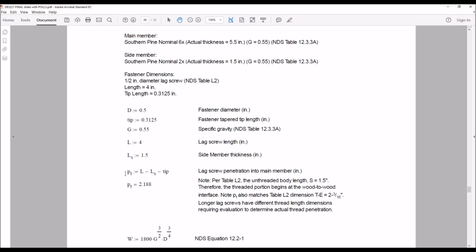It is in NDS 12.1, in the various sections that dictate lag screws, wood screws, and nails. So for nails, for example, in shear, we will include half of the tapered tip length when we're calculating those yield mode equations, for lateral length on the nail.